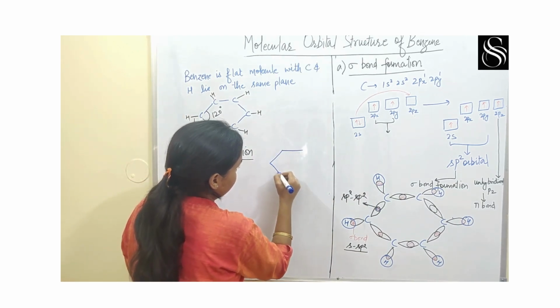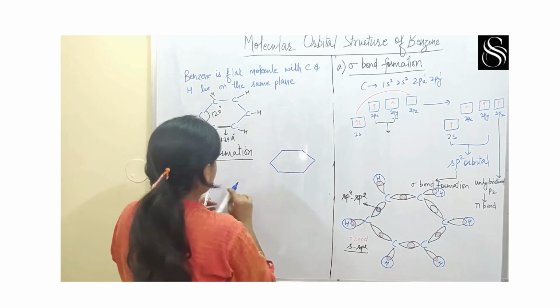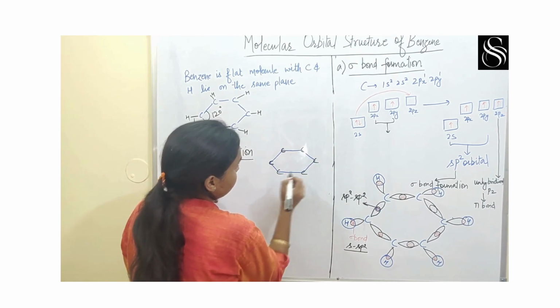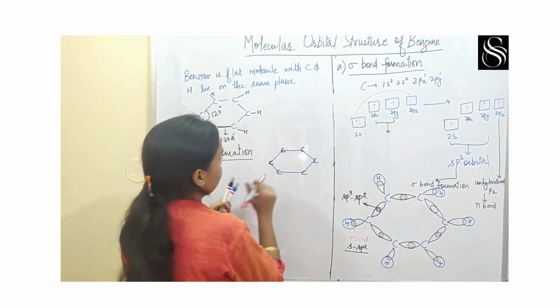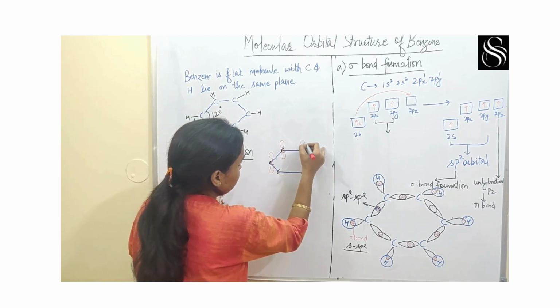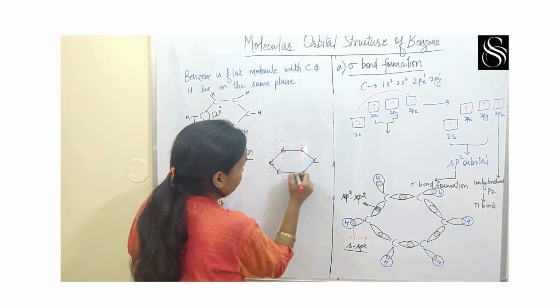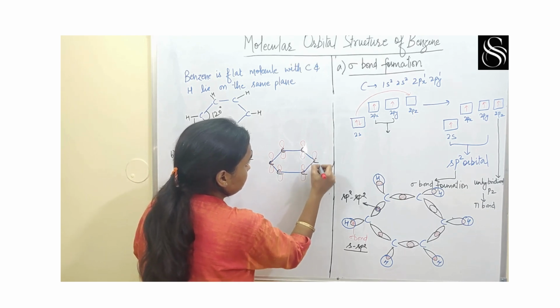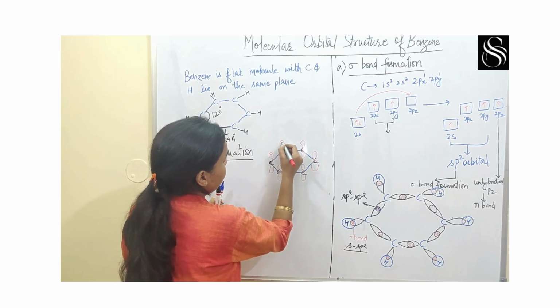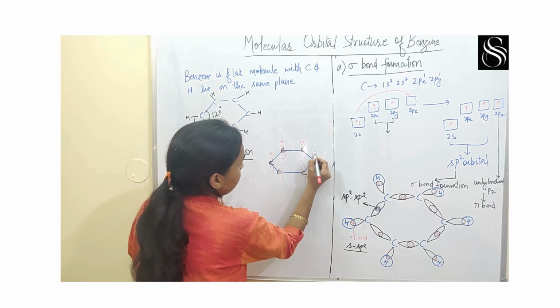If this is a benzene molecule, each carbon also has an unhybridized pz orbital which lies perpendicular to the plane of the ring, and each pz orbital contains one electron.